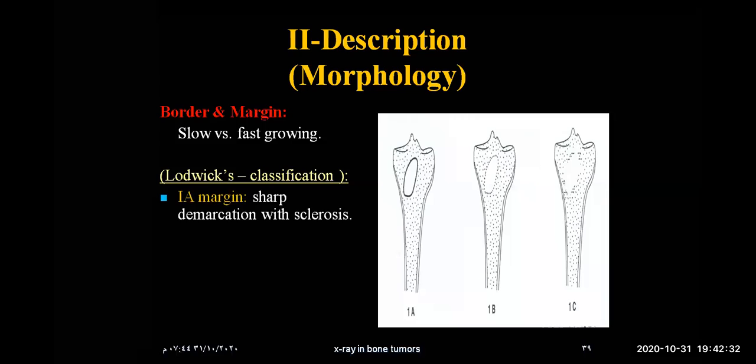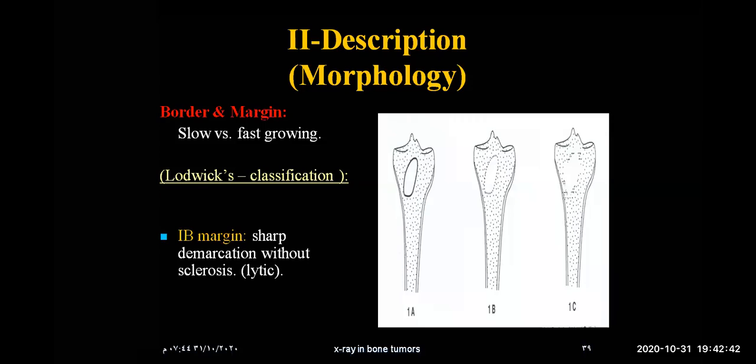Type 1 is sharp demarcation with sclerosis. Type 2 is sharp demarcation but without sclerosis.